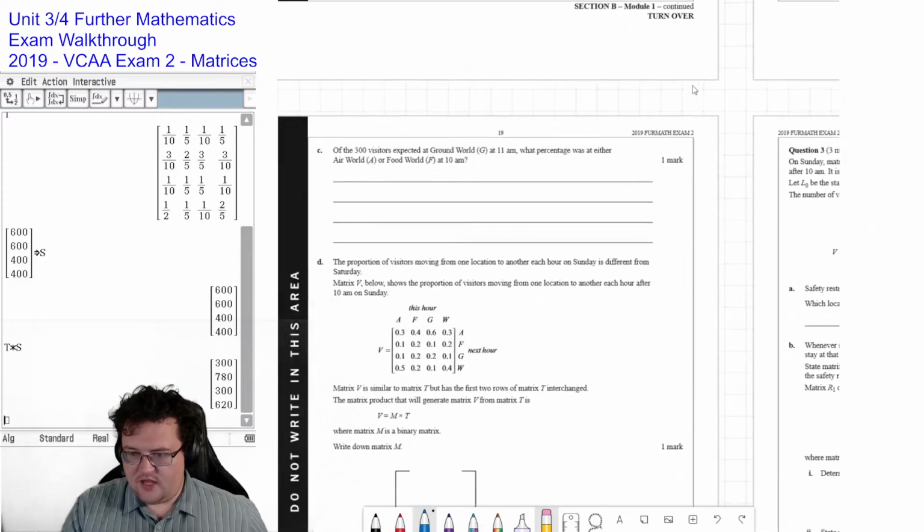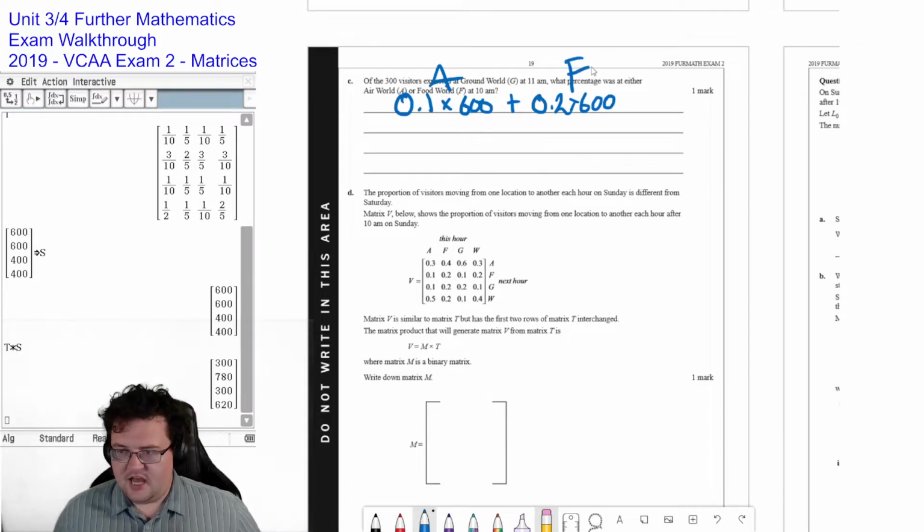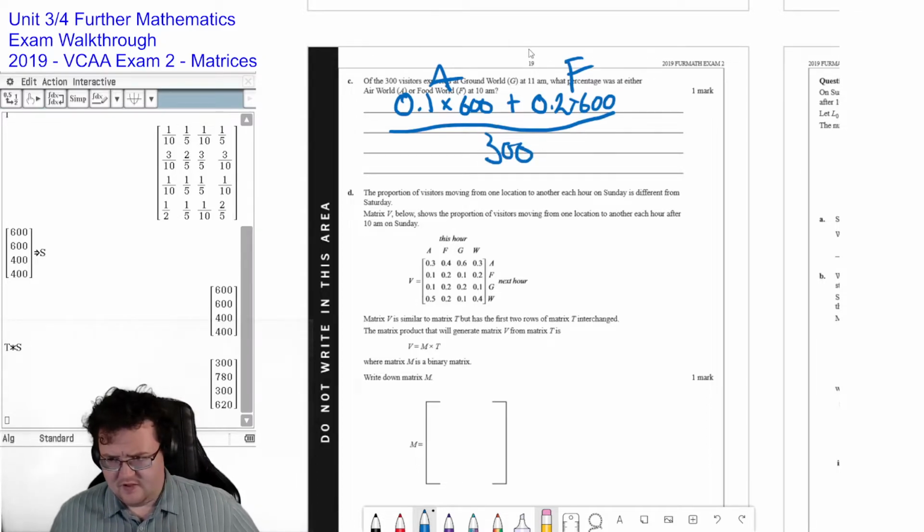So now we need to go back and work out, well, okay, so I've got 10% of 600, and then I've got 20% of 600. So that's percentage at A, percentage at F. And then I'm going to divide that by the 300 that are there. So therefore, I've got 180 over 300, which is 60%.